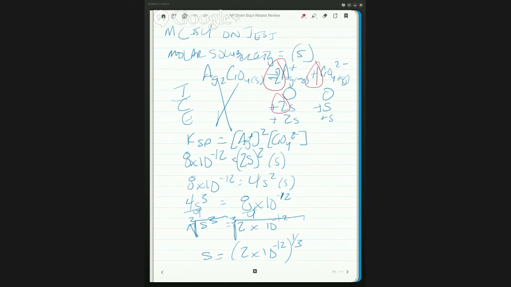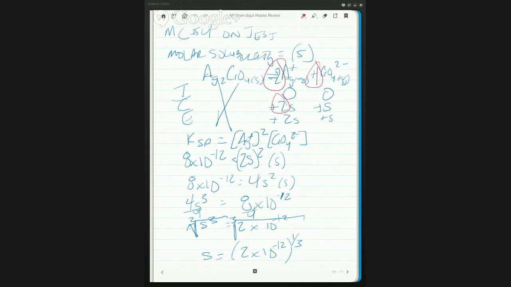Looking at my questions. Review of Le Chatelier and the effect on moles, concentration of species, and K. Okay, so we covered this one earlier. You need to know the teeter-totter, the review of Le Chatelier's principle.